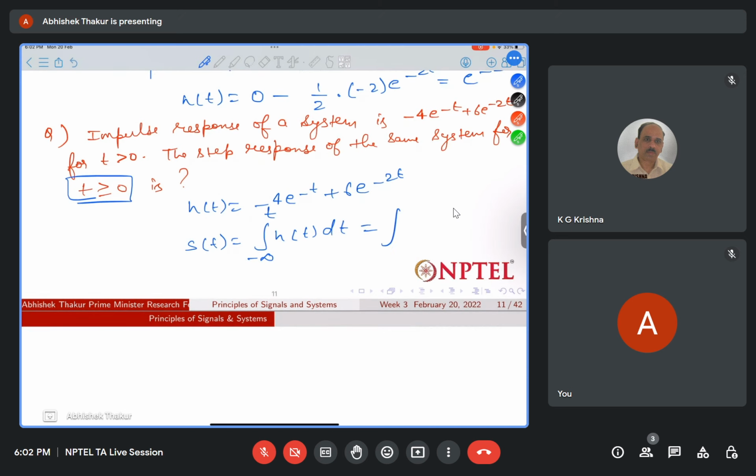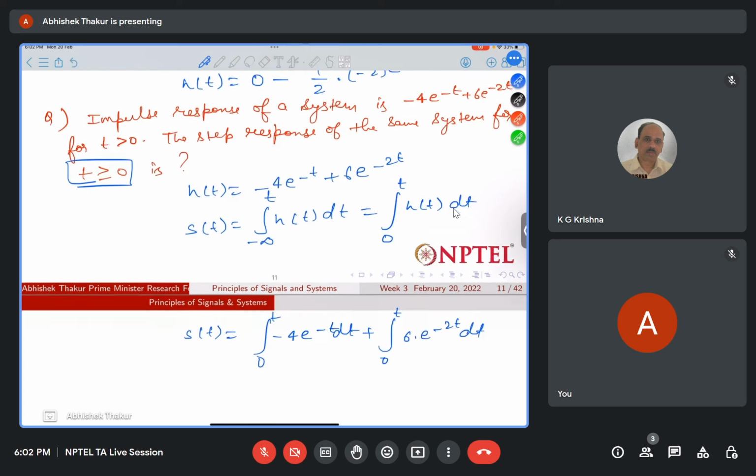So this integration can be written as the integral from 0 to t of h(t) dt. We will write the terms of h(t): the integral from 0 to t of minus 4 e to the power minus t dt, plus the integral from 0 to t of 6 e to the power minus 2t dt.